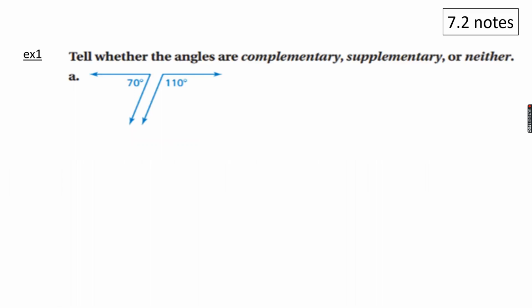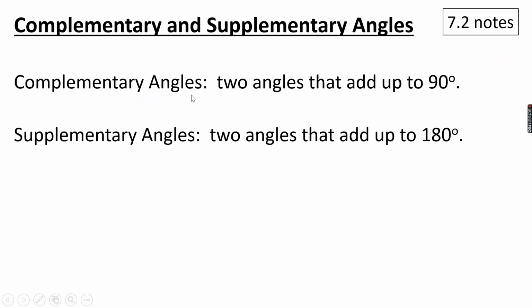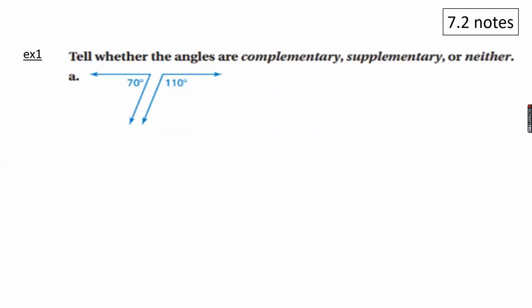We're going to continue it today. So we are going to tell whether the angles are complementary, supplementary, or neither. We've got one angle that's 70 degrees, one angle that's 110. Make sure you have these two definitions written down. Complementary angles add up to 90, supplementary angles add up to 180.